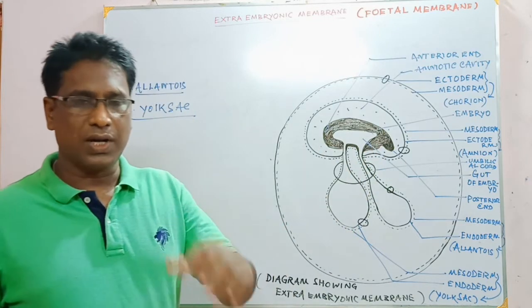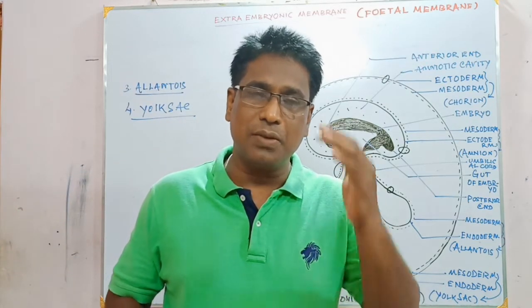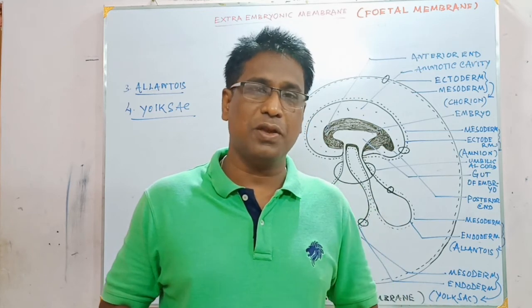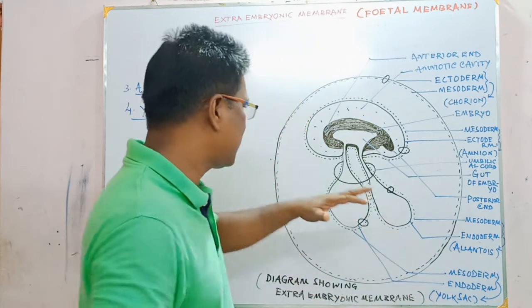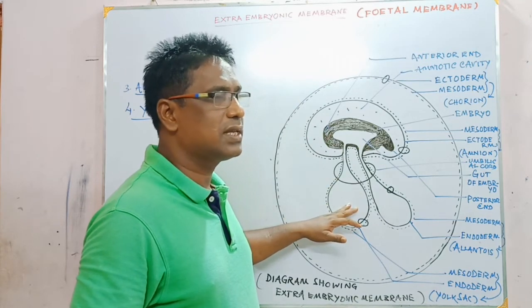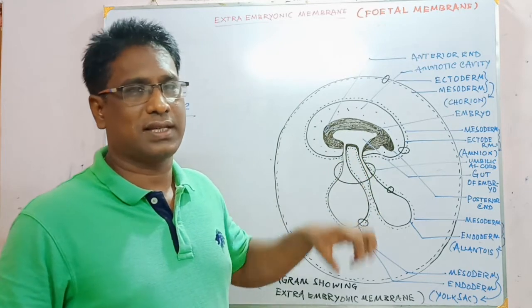As you know, students, the human egg is alecithal, or devoid of yolk. Yolk is absent in the human egg. So it is present as an evolutionary remnant similar to reptiles and birds.